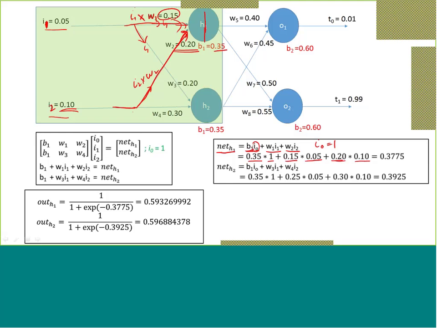When I put it in, the net input to my H1 will be 0.3775.